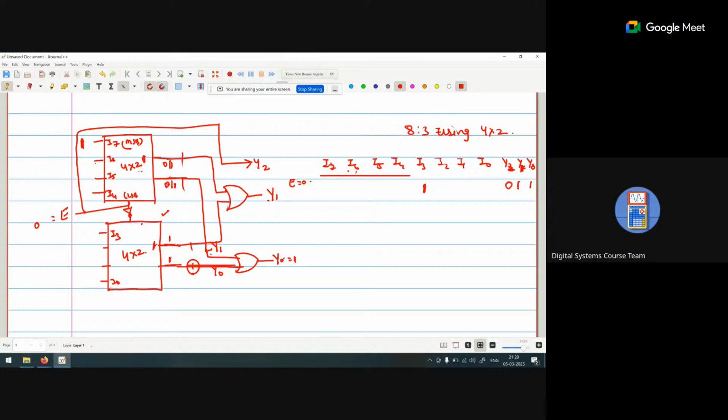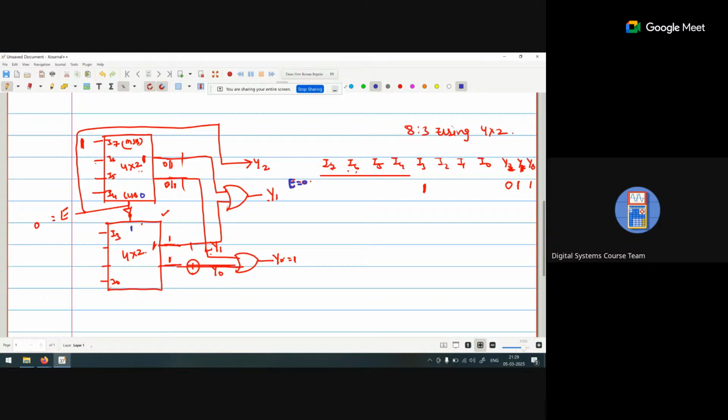Any doubt? I just repeat it again. First of all, I consider the enable pin is 0. When enable is 0, here we are getting 1, here we are getting 0. So that means no effect of the upper decoder.